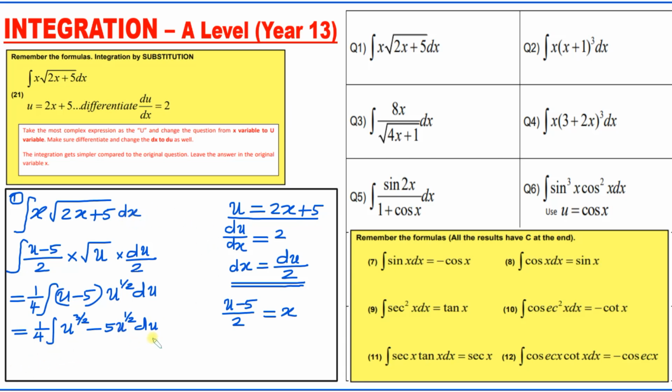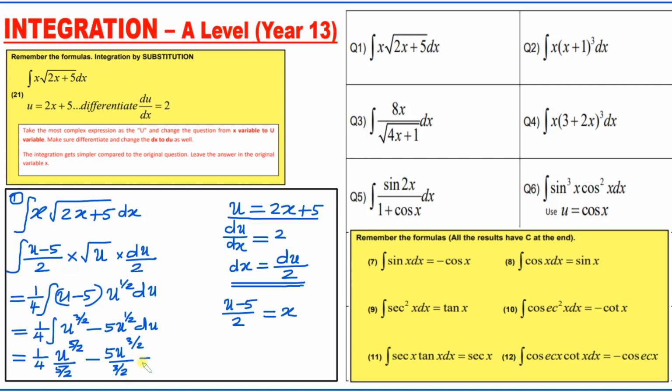That is the answer for changing the variable from the x variable to the u variable. But this format can now be integrated. So now the answer is 1/4. You increase the power of u by 1, so u to the power 5 over 2, divided by 5 over 2, minus 5 u to the power 3 over 2 divided by 3 over 2, and now we put the c at the end.